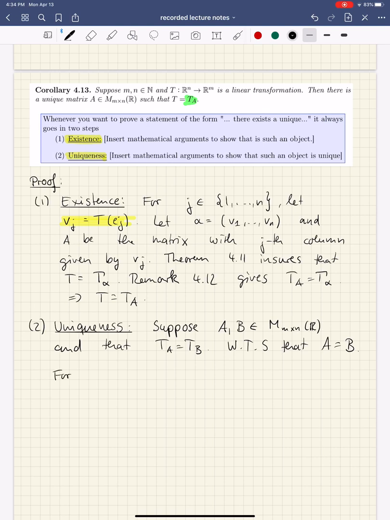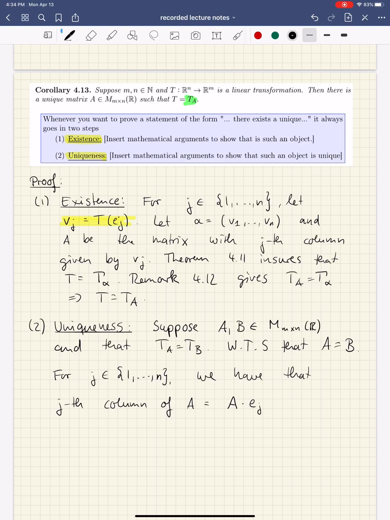So now for j in 1 through n, well, let's look at the jth column of A. Okay. So how can I pick out the jth column of A? What I can do is multiply A times the vector Ej. So Ej is again the vector that has a bunch of zeros and a 1 in position j.